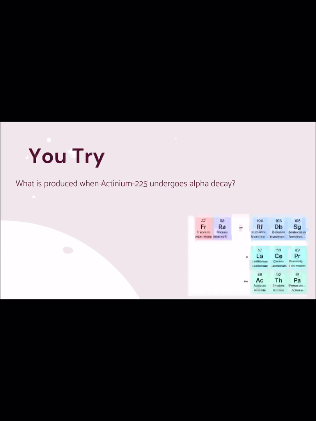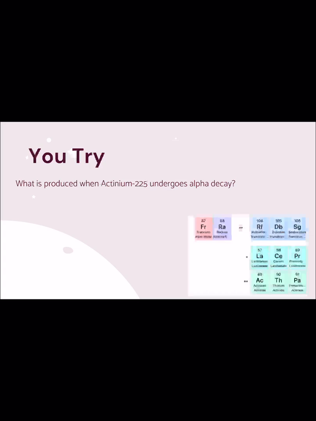On the periodic table, it's elements 84 to 118 if we're looking at the atomic number. There's a couple additional ones like 43. And yeah, so all of these elements have no stable isotopes once you get past 84.